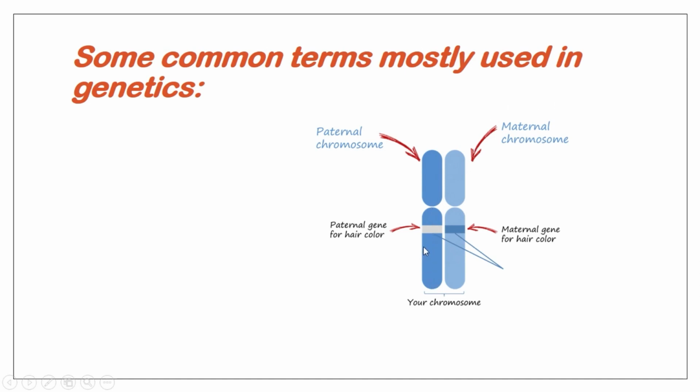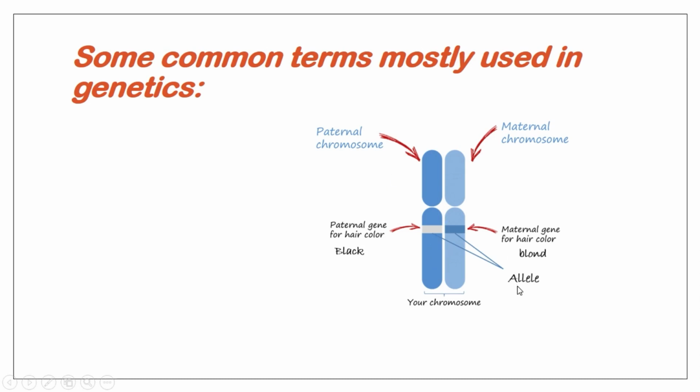If we have a look at the locus of a gene that is carrying hair color characteristics, in this locus of the paternal chromosome, you have a paternal gene for hair color. Suppose it's black. And in this locus of the maternal chromosome, you have a maternal gene for hair color. Suppose it's blonde. Suppose your father is owner of black hair color and your mother is owner of blonde hair color. So, for a single gene, the gene representing hair color, you have two traits. And you're receiving these two traits from your mother and father.